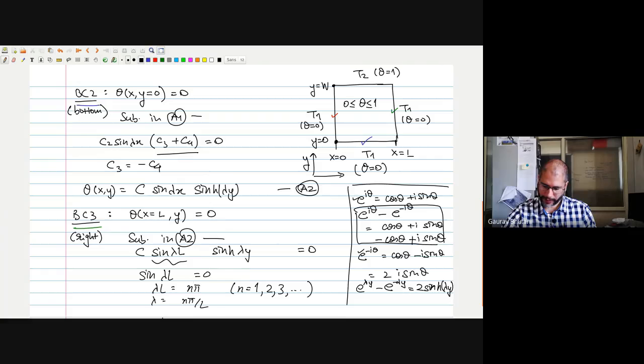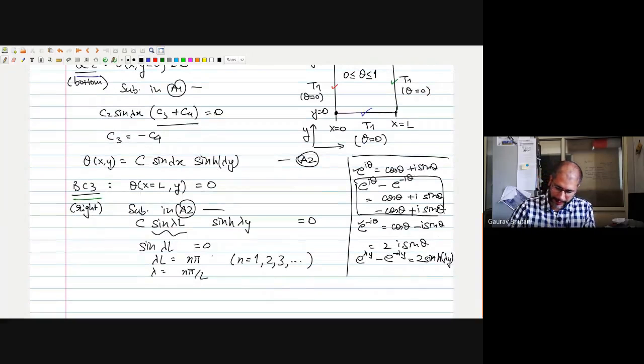So let's update our expression for theta now. Theta now becomes c, using A2, times sine lambda x.